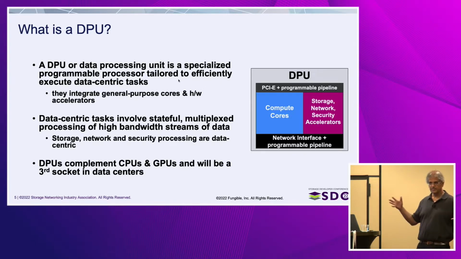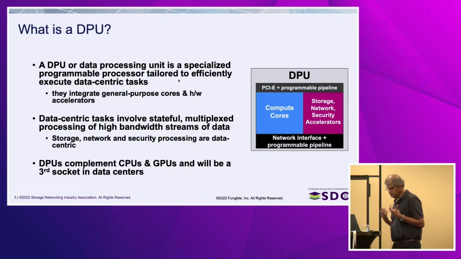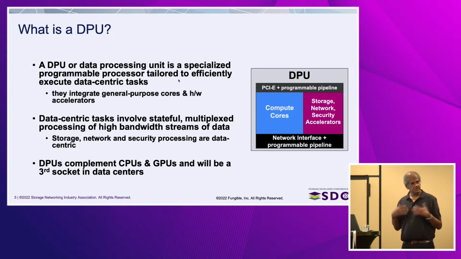So there's just two ways that these things communicate to the outside world. But inside it, you've got compute cores, you've got accelerators. And they're really good at these data-centric tasks, and we'll talk a little bit about that. And our own personal view is that there will be more and more DPUs in data centers. There are CPUs today, there are GPUs today. We think there will be more and more DPUs because there's more and more data-centric tasks, right?